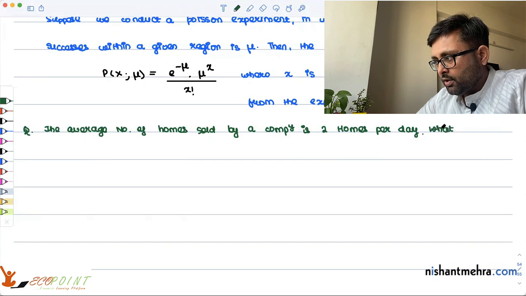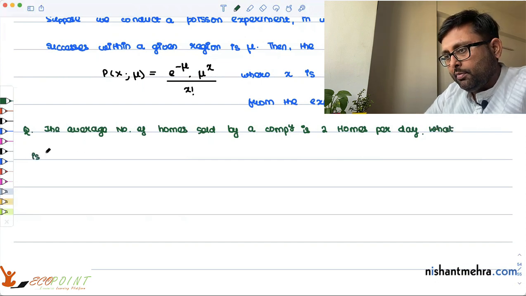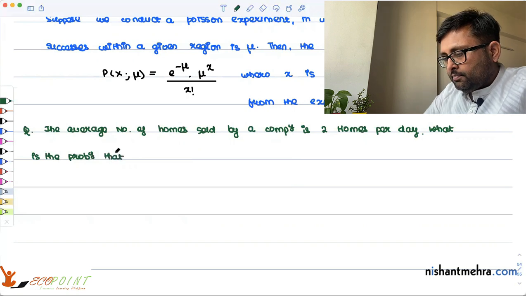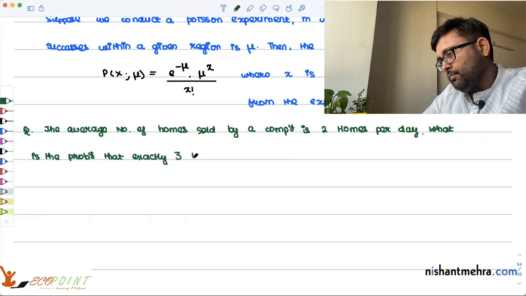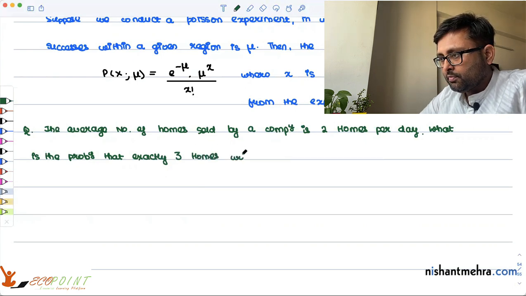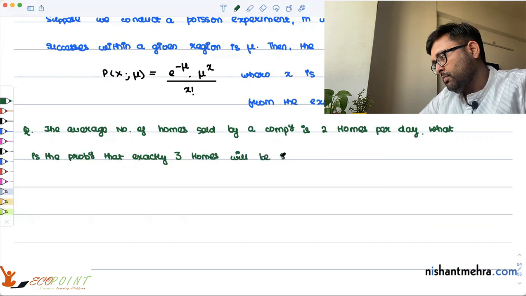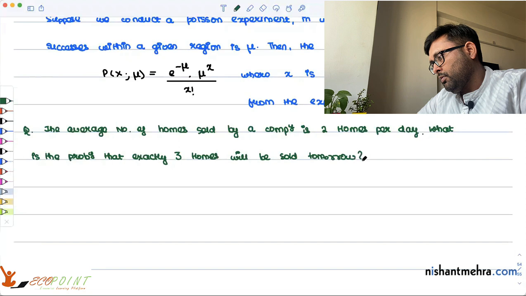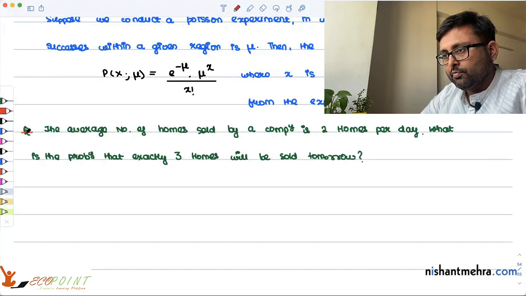So we know the average, and we are trying to find the probability that exactly 3 homes will be sold tomorrow.